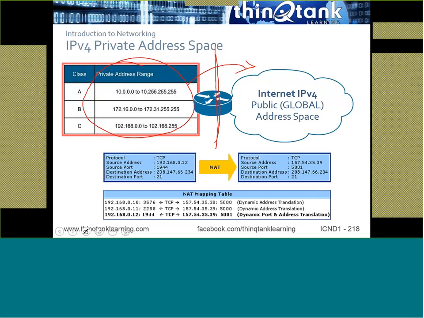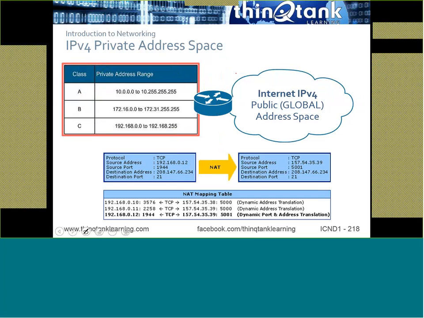You have dynamic NAT, where you're using a pool of addresses, and you're translating to a pool of addresses. And then we also have something called port address translation, or overload. In overload, we translate any number of addresses internally to a single address on the internet. Okay? So we'll talk about all those different types of NAT as we go through this process here.